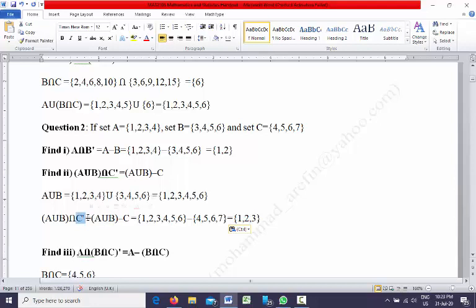Intersection C prime means we will remove elements of C from A union B. We can see that these three elements, 4, 5, 6, are also there in set C. So we will remove these, and we will be left with only 1, 2, 3. This is the answer.